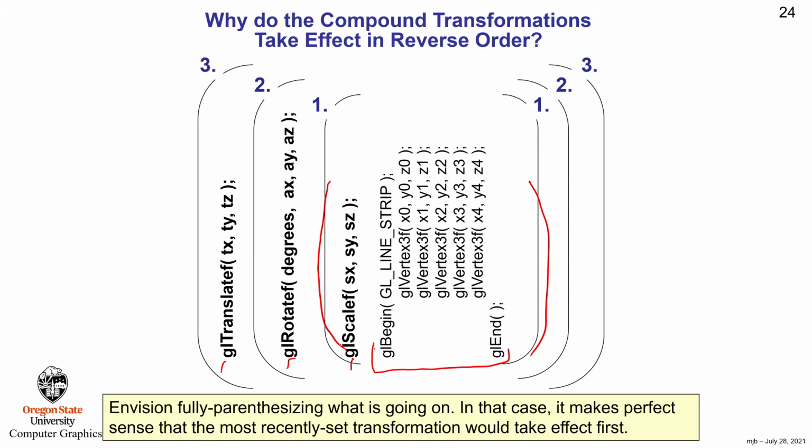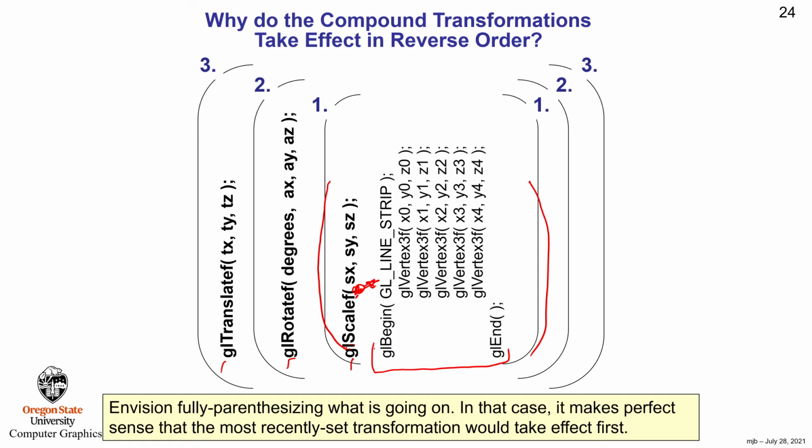That is the thing that's closest, the transformation that's closest to where you do the drawing. That would be inside the first round of parentheses. That's why it's done that way. That's how to properly think about it.